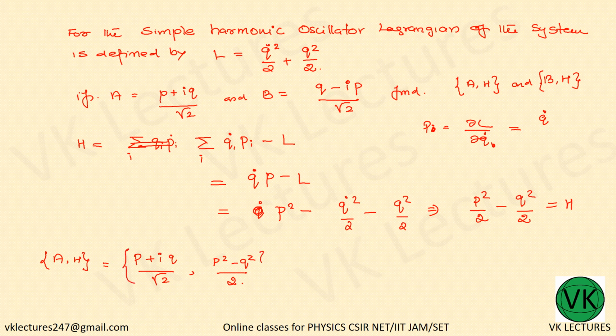So this can be written as 1 by 2 root 2, and within the bracket P plus IQ. Let us take this one first: P plus IQ comma P square, Poisson bracket, minus P plus IQ comma Q square.